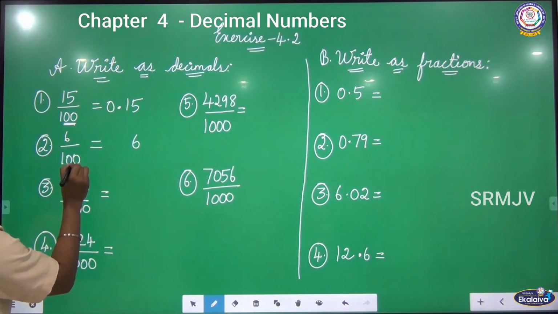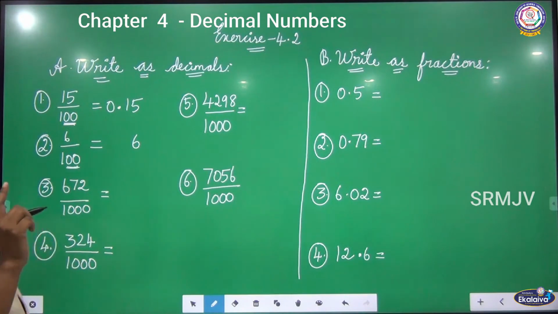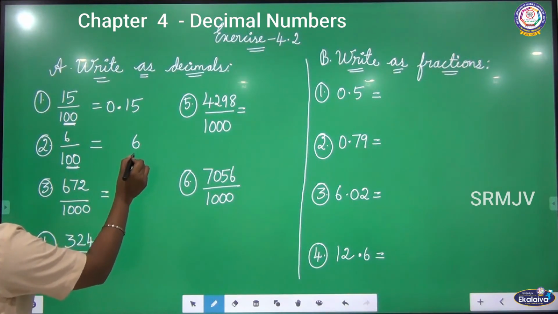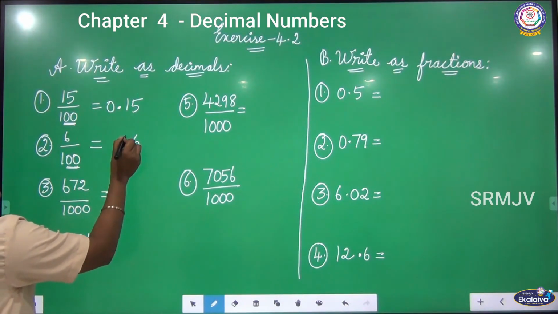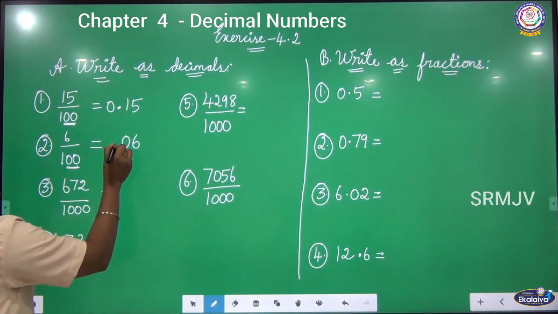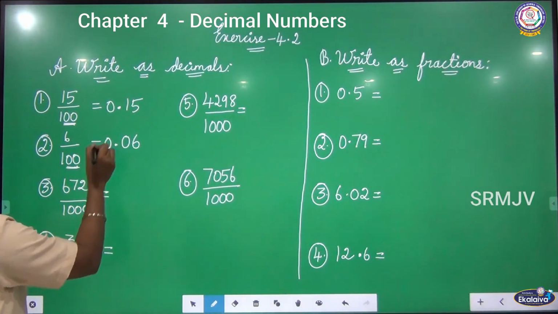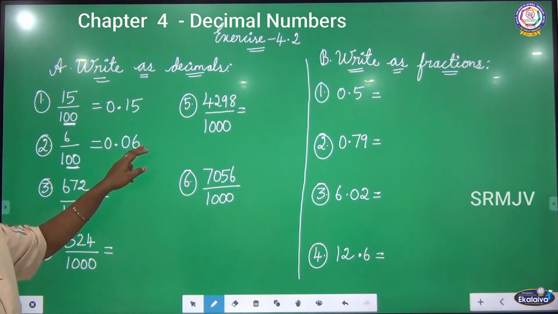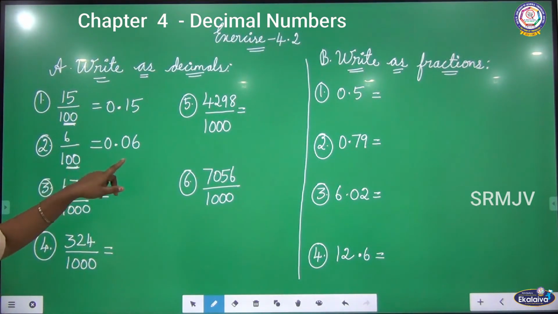Then how many decimal places here? How many zeros are there? 2 zeros are there, 100. But here only 1 digit is there. So before this digit you write 0, so that you get 2 decimal places. 100 means 2 decimal places should be there. In the numerator they have given only 1 digit, 6. That's why we are writing 0.